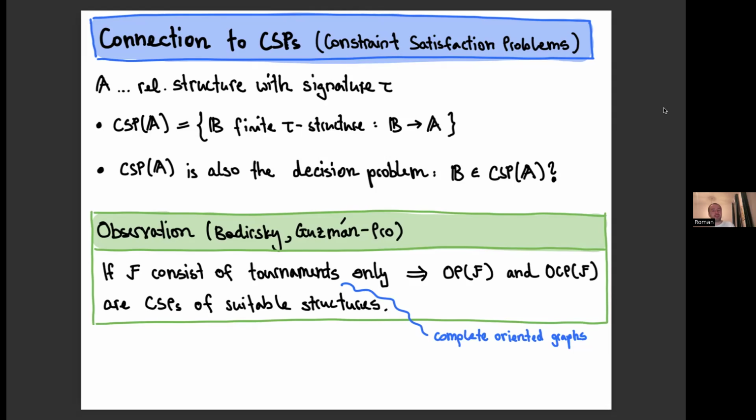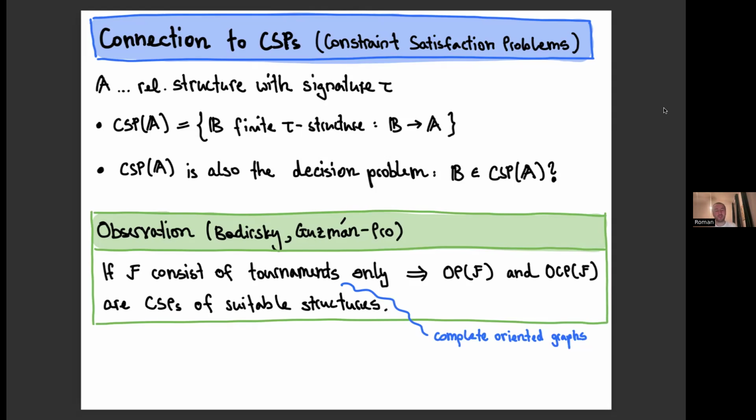So how do CSPs relate to the graph orientation problem or the orientation completion problem? This observation is due to Manuel Bodirsky and Santiago Guzmán-Pro in their paper from 2023.